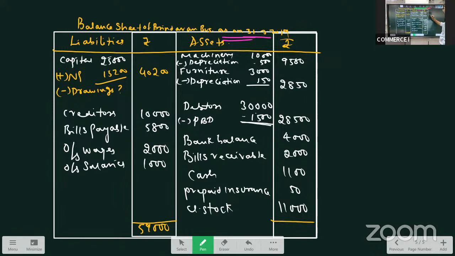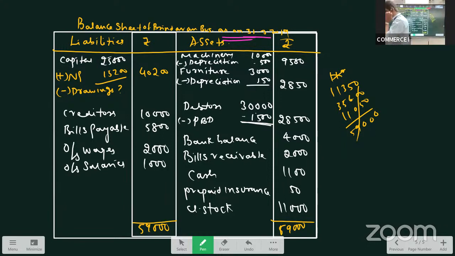It is 11, 13, 28 plus 4, 32, 34, 35, 35,600, then 11,050. 59,000. So on the liability side, it is 59,000. On the asset side too, we got 59,000. This way, our balance sheet has tallied.